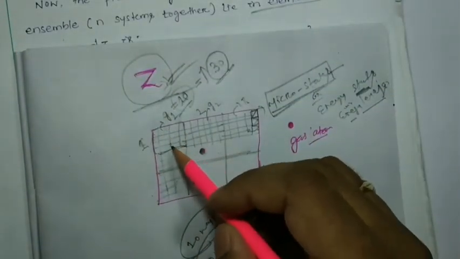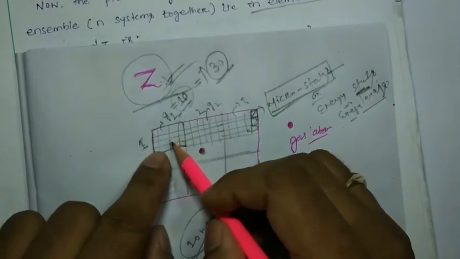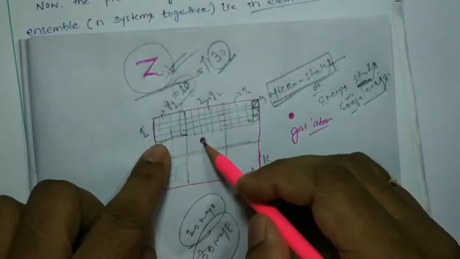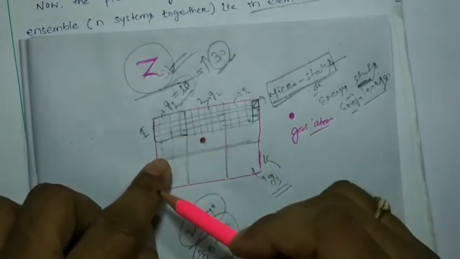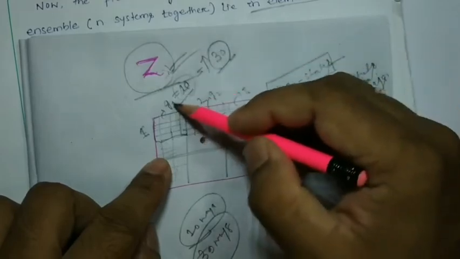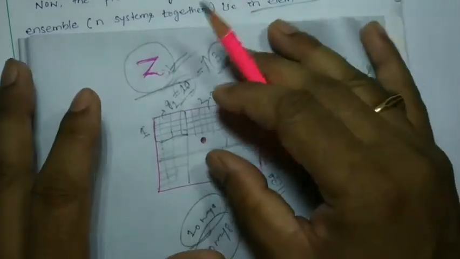That means whenever the energy state increases, the distribution of this particle among these states also changes. It will be increased, decreased, or generally we can say it will be changed.